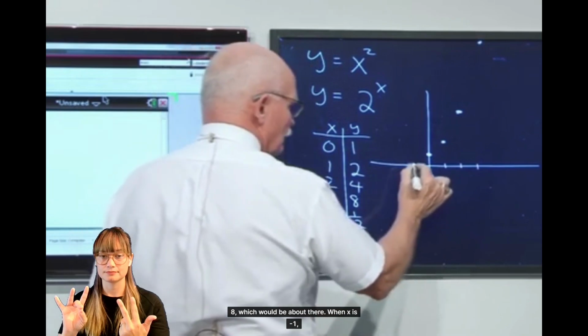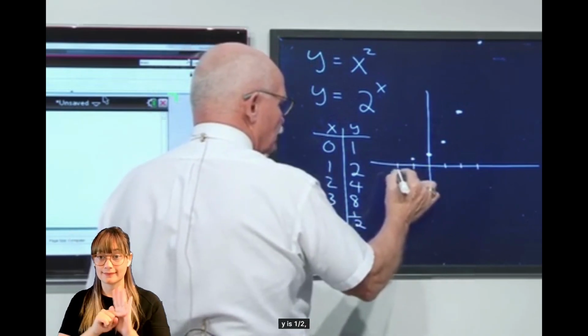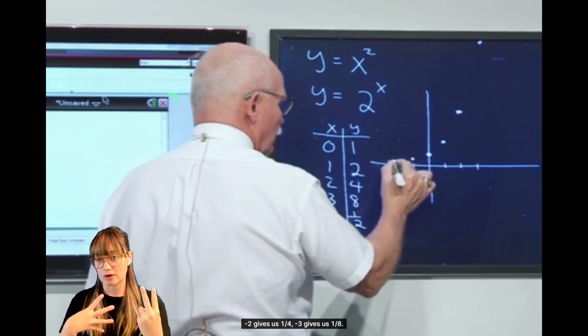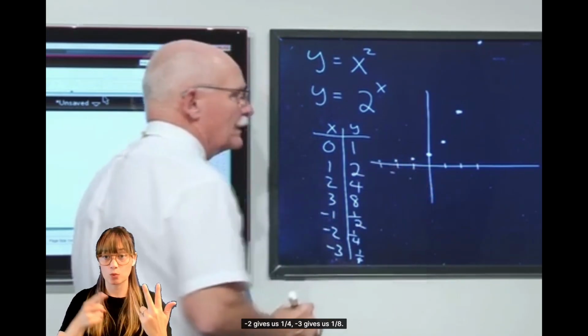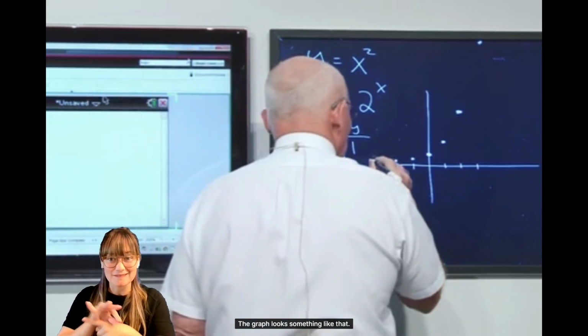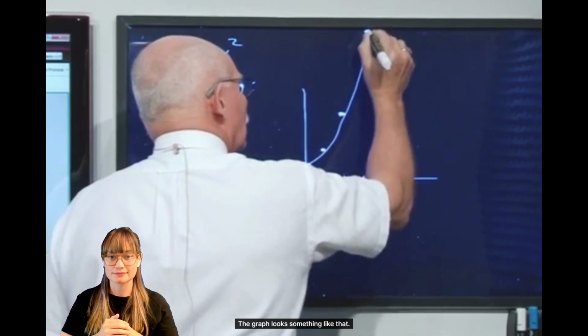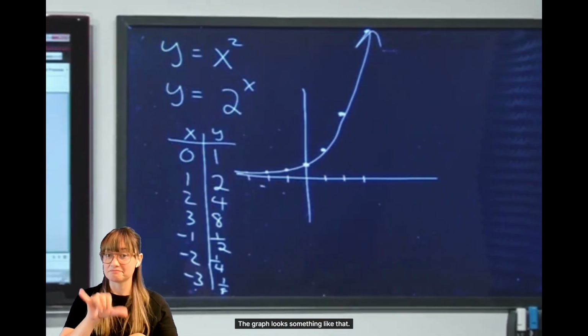When x is -1, y is 1/2. -2 gives us 1/4. -3 gives us 1/8. So this is really a brand new kind of function. And the graph looks something like that.